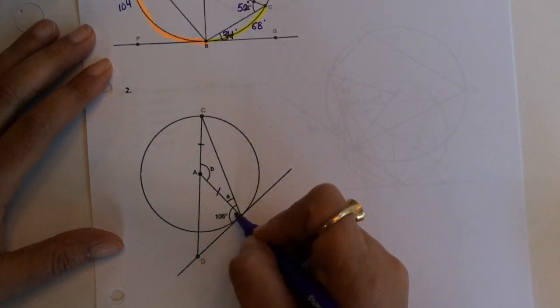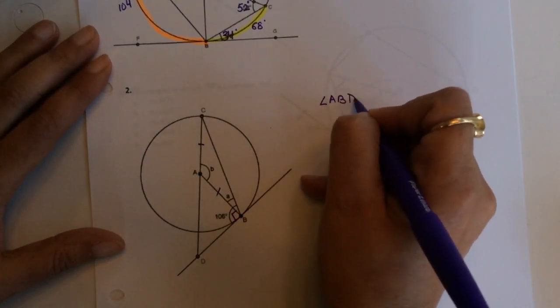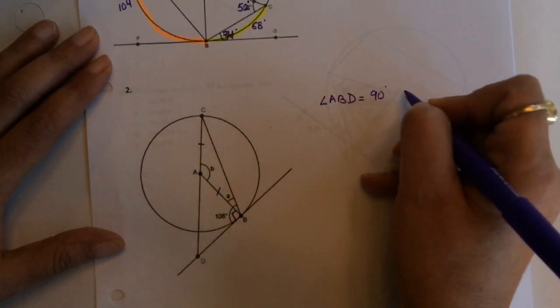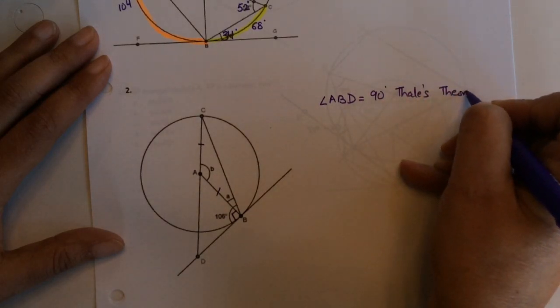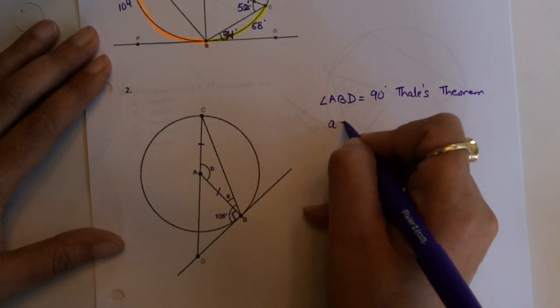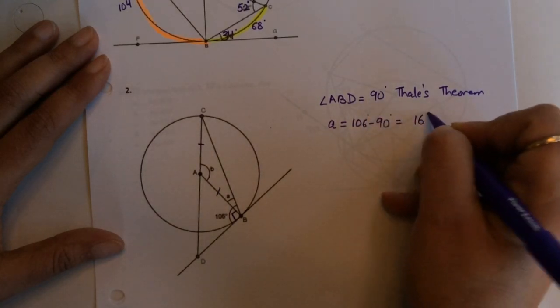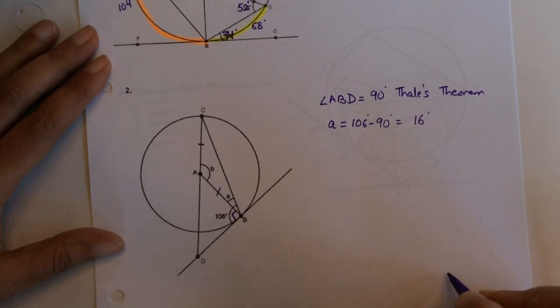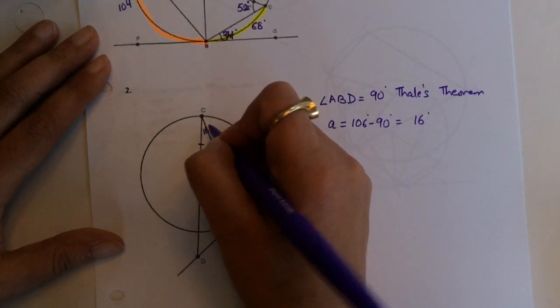I can see that this angle ABD is a 90 degree angle, and this is just due to Thales' theorem again. So if that is 90 degrees, then I can say that A should be 106 minus 90 degrees, which will give me 16 degrees. So if this angle is 16 degrees, also this is 16 degrees.